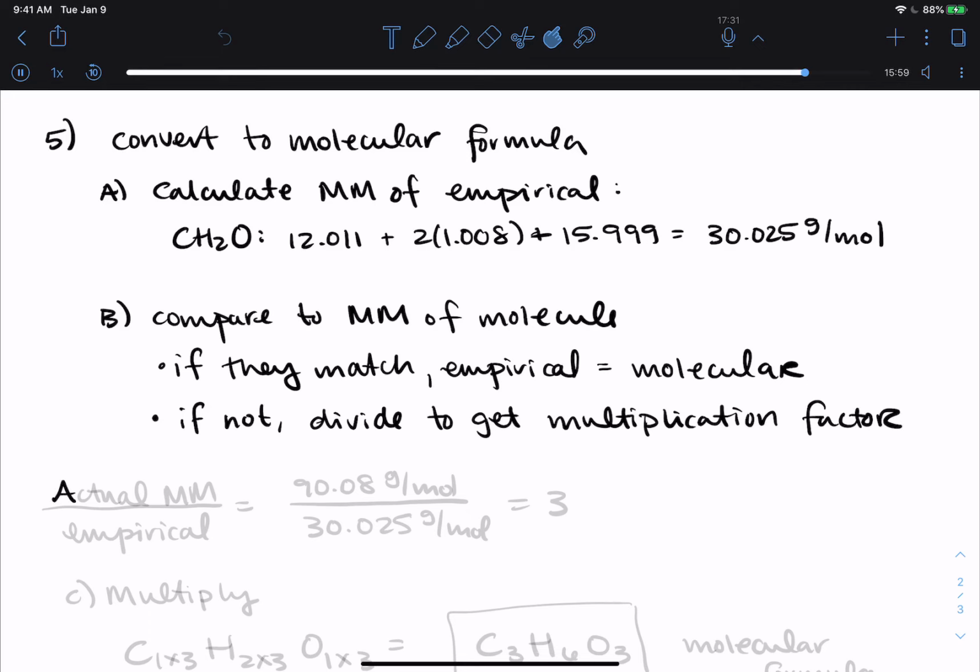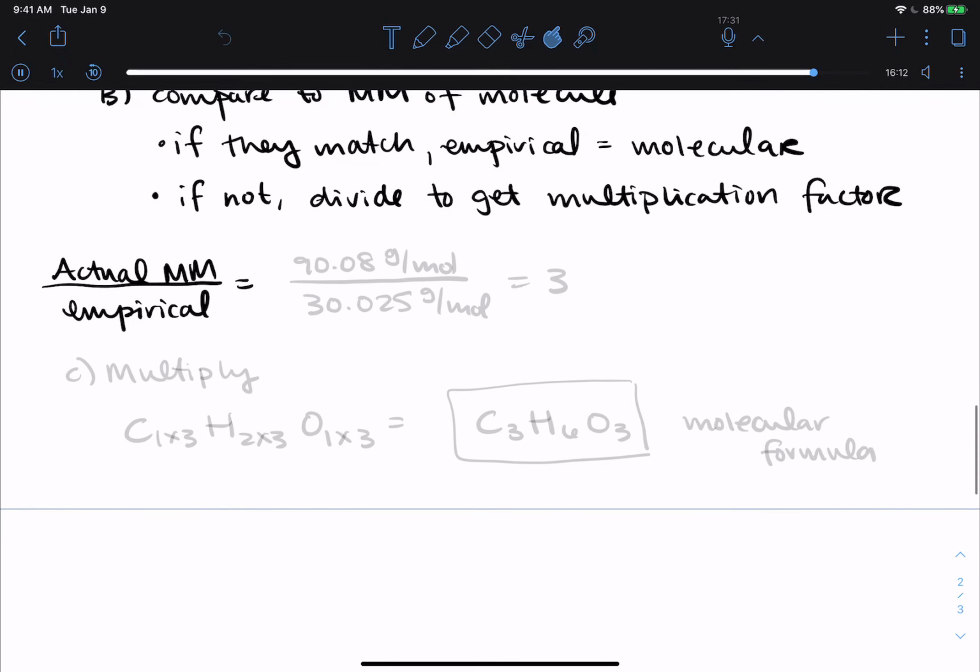So if we take the actual molar mass and divide it by the empirical, it will tell us how many of the empirical formula units we need to put together to get the entire molecule. So for ours, the actual molar mass was 90.08. The empirical was 30.025.